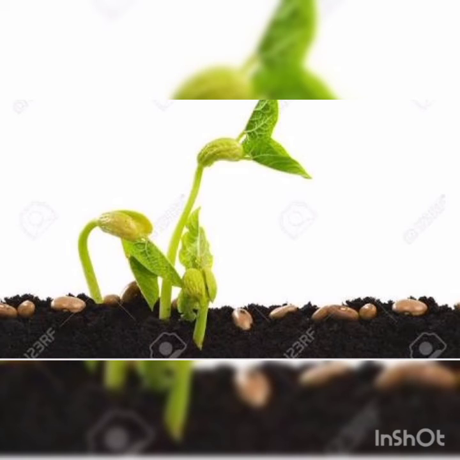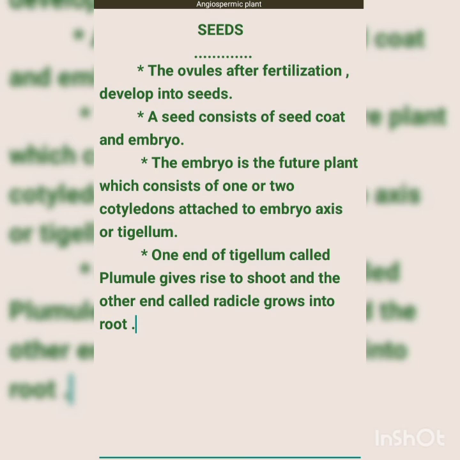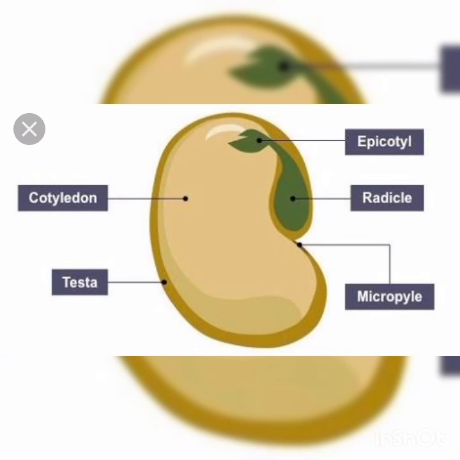That means the ovary develops into fruit and the ovule develops into seed. A seed consists of seed coat and embryo. The embryo is the future plant which consists of one or two cotyledons attached to the embryo axis or tigellum. That means embryo axis is called tigellum.